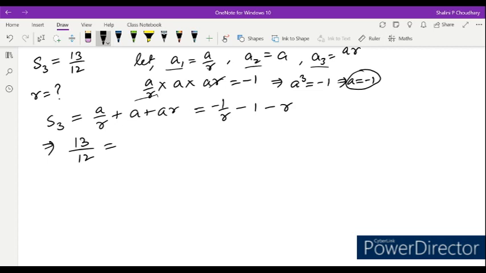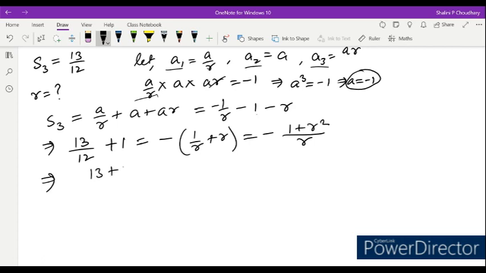Now what we have to do: this -1 on this side will become +1, and here we'll take minus common. It will be 1 upon R plus R, which is -1 plus R square upon R. Now we'll add again. This side it will be 13 plus 12 upon 12, plus 1 plus R square upon R, equal to 0.